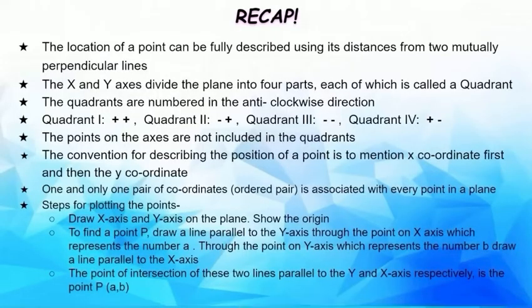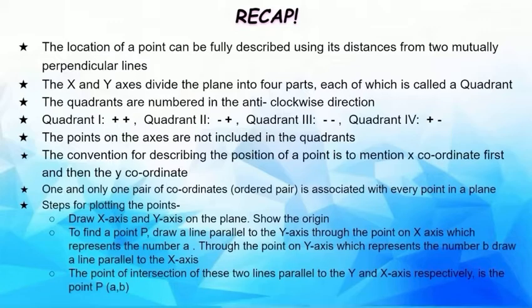The location of a point can be fully described using its distances from two mutually perpendicular lines. The x-axis and y-axis divide the plane into four parts, each of which is called a quadrant. The quadrants are numbered in anti-clockwise direction. Quadrant 1 has positive numbers, that is the x-coordinate and y-coordinate both will be positive.